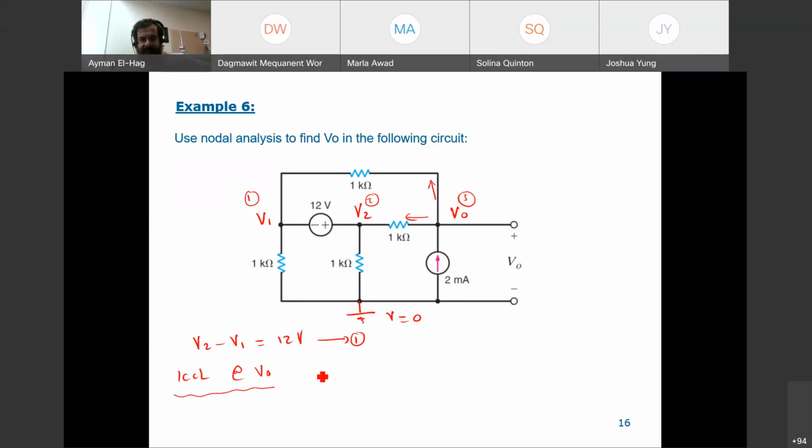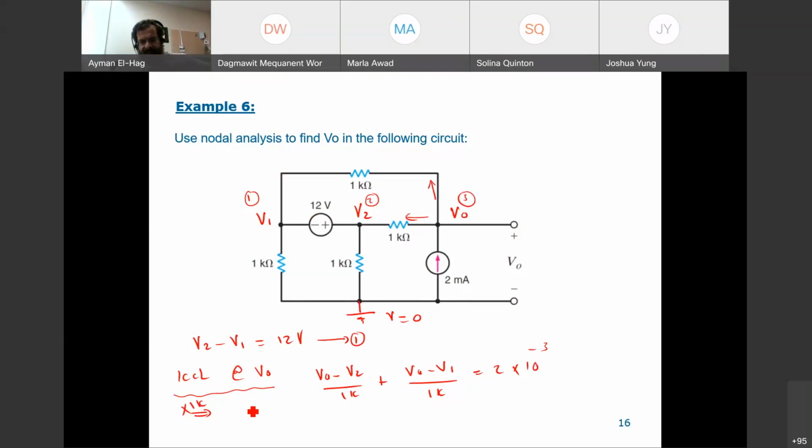So we will have here V0 minus V2 divided by 1K plus V0 minus V1 divided also by 1K, so this current and this current, equal to 2 times 10 to the minus 3, because this current is entering the node. So I will multiply everything by 1K.